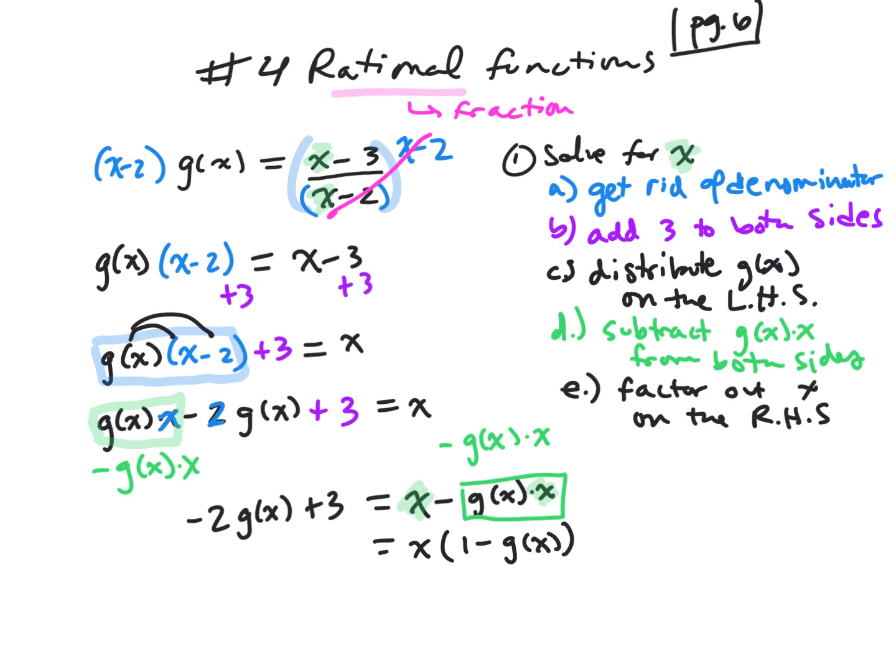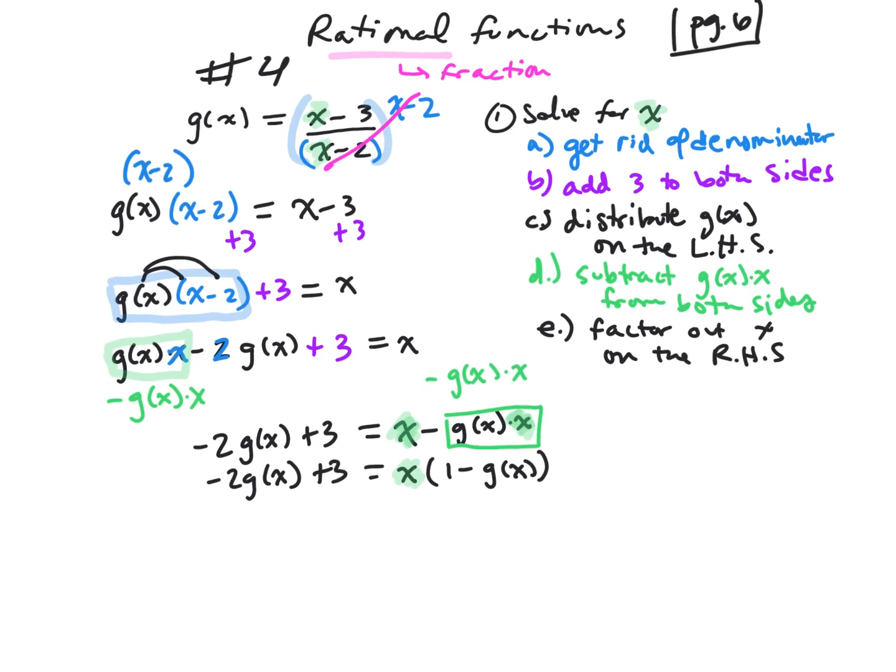Because I have this x, I take it from here and from here. So I have 1 minus g of x. Okay, I'm super close and I'm having so much fun. So I'm going to rewrite this, negative 2 times g of x plus 3. I need to move this up just for a second.